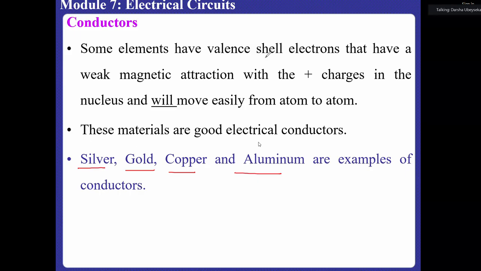Some elements have valence shell electrons that have weak magnetic attraction. I told you, if the force between the nucleus and the outermost electrons is weak, then very easily we can remove those electrons. Easily removing means the electrons are free to move here and there. That means current is passing.